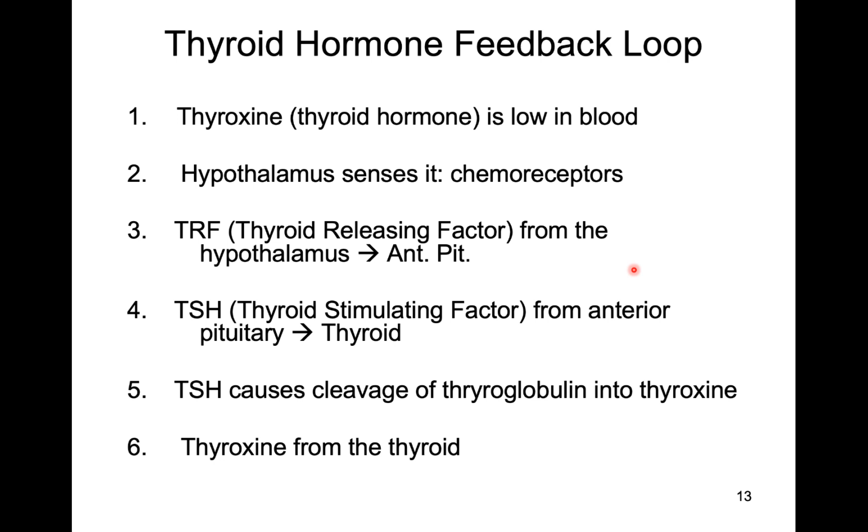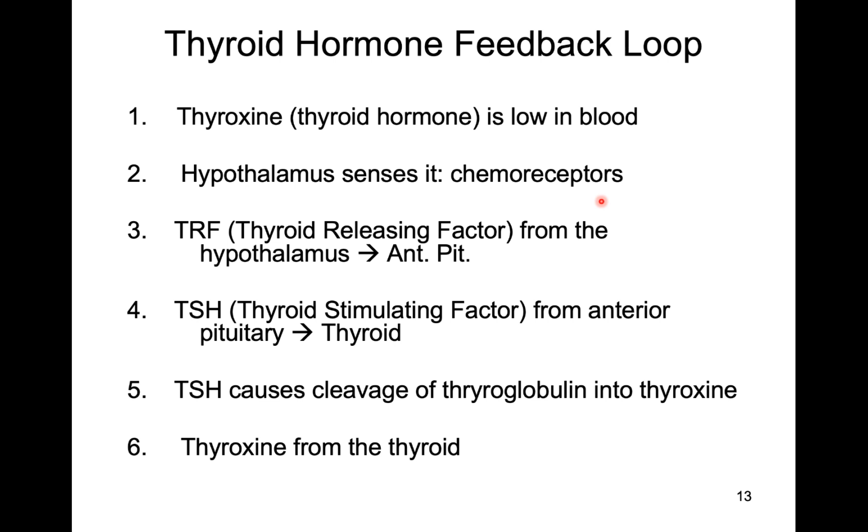You have a blood vessel that goes through the thyroid gland, and it has chemoreceptors on it. There are vessels that are also found in the brain that have chemoreceptors on them. So for this situation, we're going to talk about the hypothalamus and how it has a role in controlling thyroid hormone production. Let's say you are low in thyroid hormone in your blood.